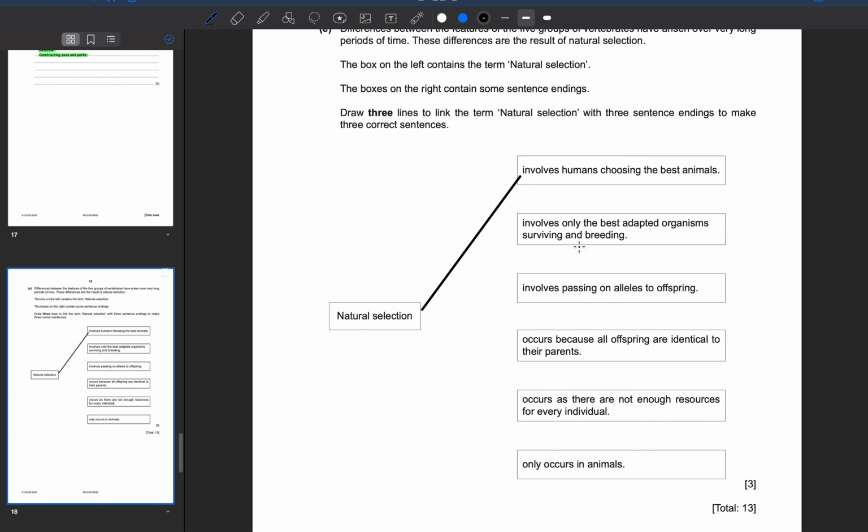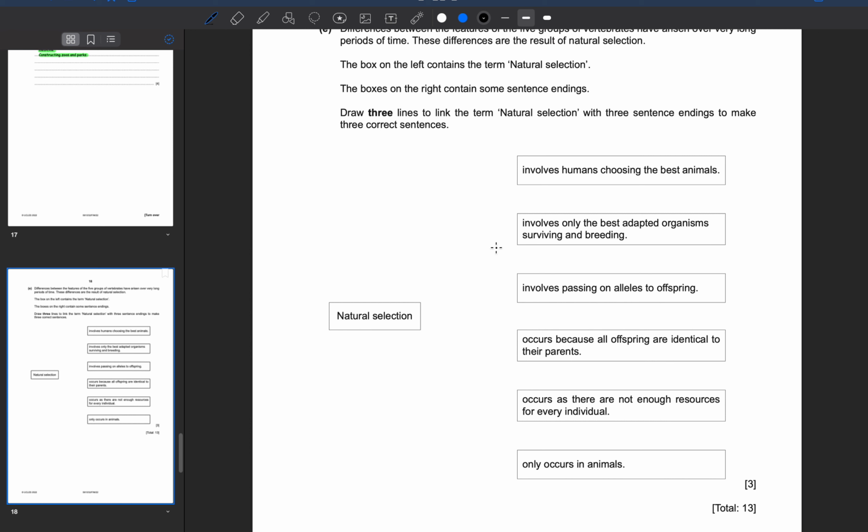The next one, involves only the best adapted organisms surviving and breeding. Oh, sorry, the first one is not right. Here it does not involve humans choosing the best, because it's natural selection. It's not selective breeding.